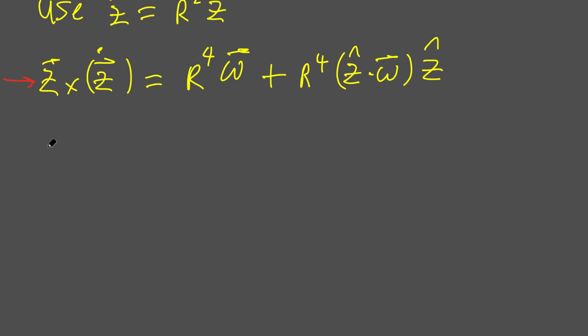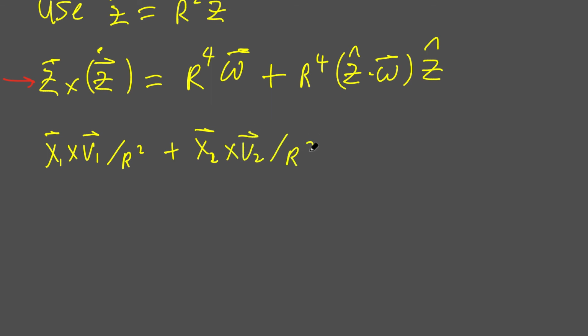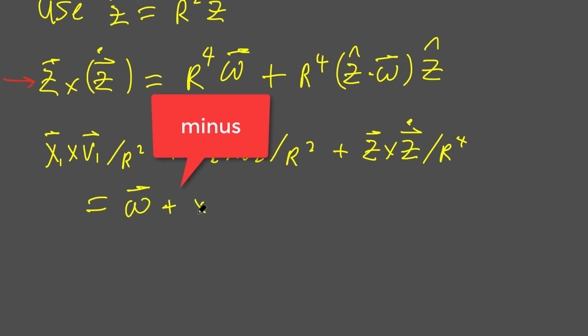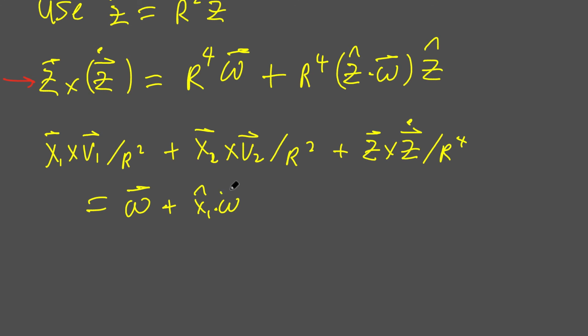So from the first equation we have x1 cross v1 divided by r squared, and the second equation is x2 cross v2 divided by r squared, and z cross z dot divided by r to the fourth. That will equal omega plus x1 hat dot omega times x1 hat from this equation.